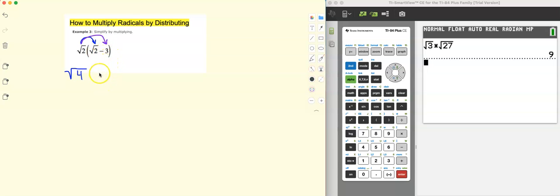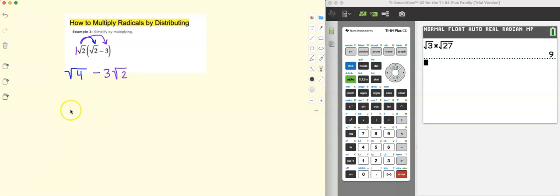Now when you multiply those together, you'll notice that the 3 is not under a square root. So that means that 3 is multiplying by the one that's on the outside of that square root that you don't see. Okay, so therefore this becomes -3 times the square root of 2.